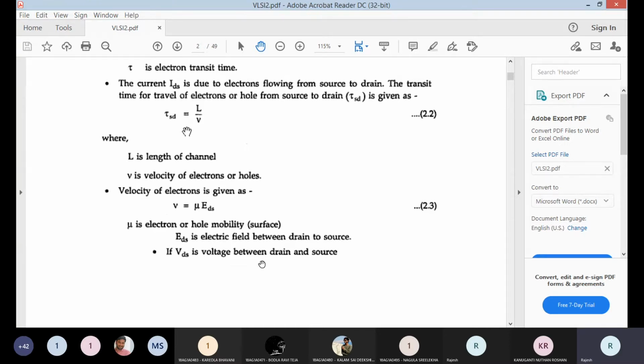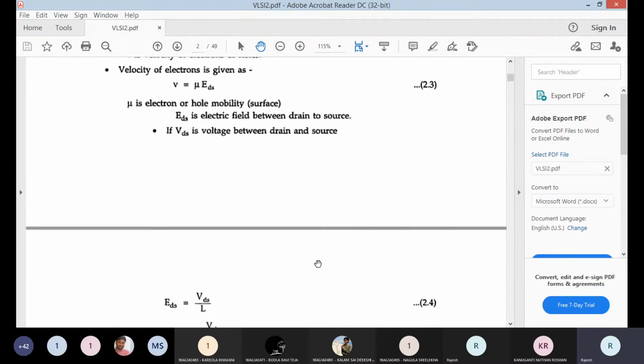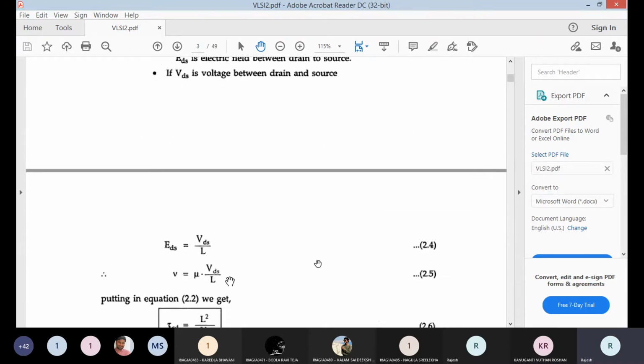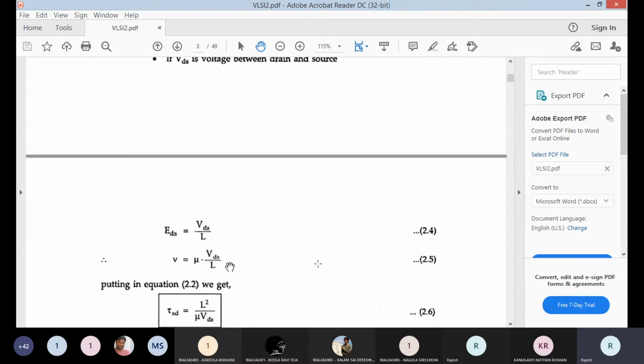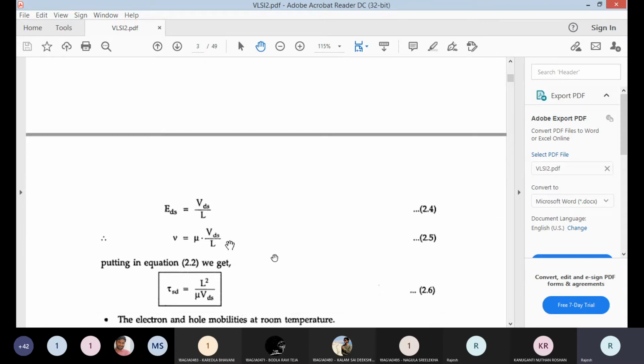If VDS is the voltage between drain and source, there is again a relation. Velocity is equal to mobility into electric field EDS. But what is EDS? EDS is nothing but VDS by L. There is a potential difference applied between drain and source, due to which there is an electric field between drain and source.